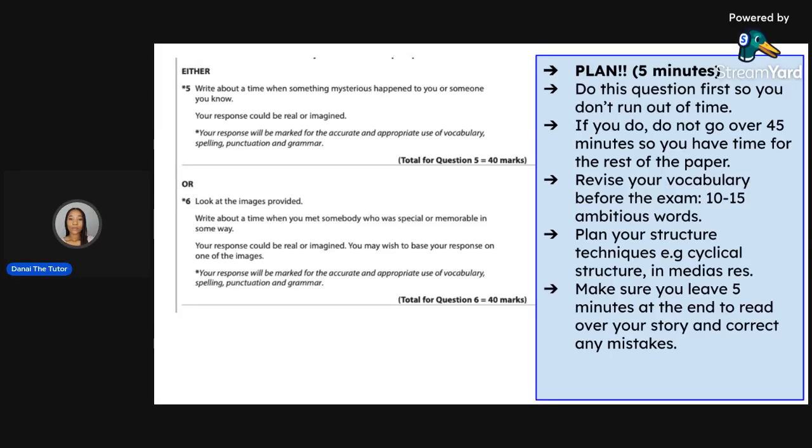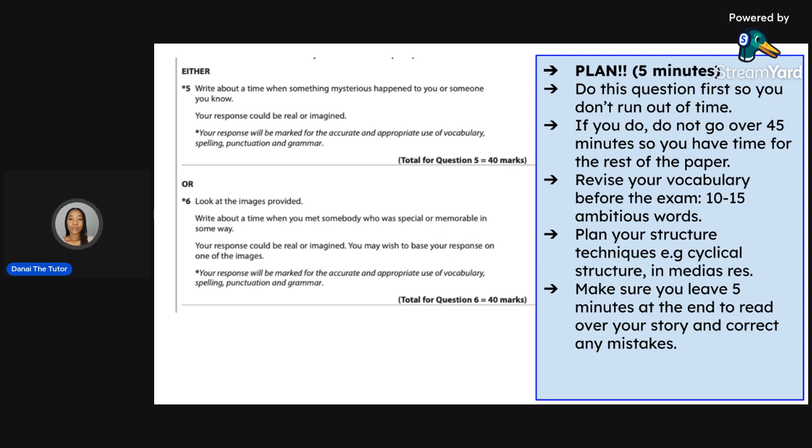Also, think about your structure techniques. For example, using a cyclical structure, using in medias res, and it shows that you are being deliberate in how you're structuring your story to make it engaging. And make sure you leave 5 minutes at the end to read over your story and correct any mistakes.